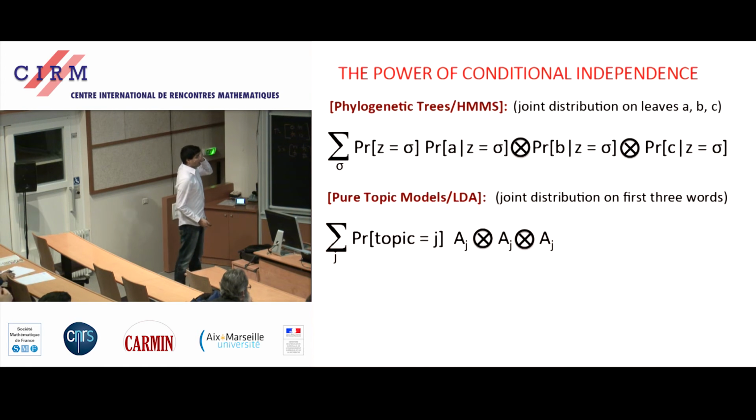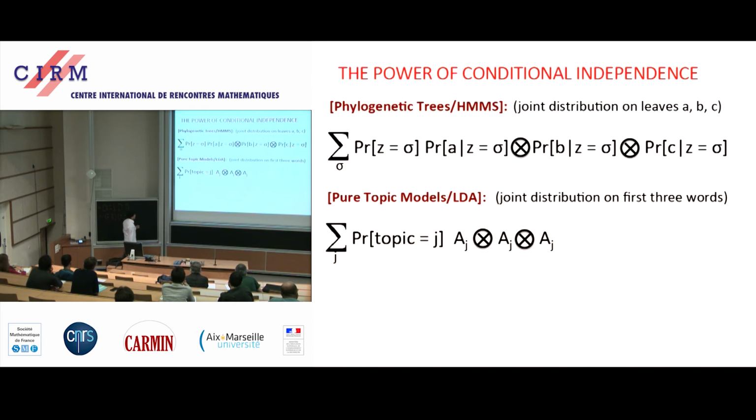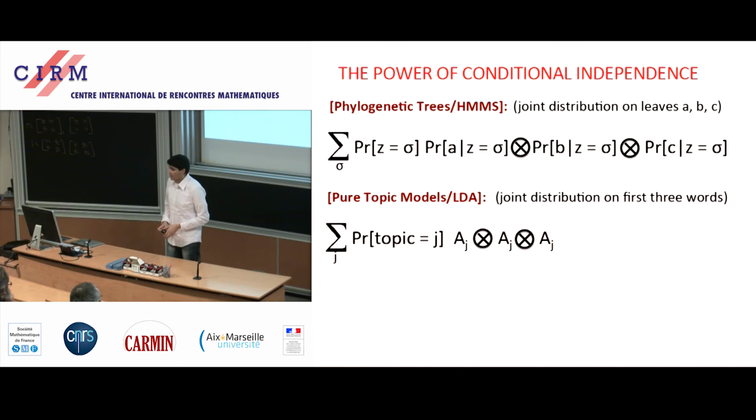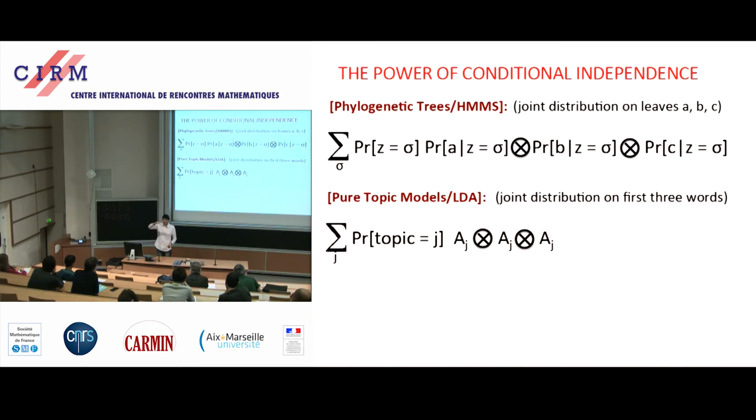So that's literally how we can apply things to the pure document model: if we take a huge collection of documents and look at the resulting distribution over the triple of their first 3 words, then literally what it will be is the probability that the hidden topic that describes the document is topic J, times the outer product of A_J times A_J times A_J, which are just the conditionally independent draws from the topic matrix. So this is again a low-rank tensor to which you can just apply Jennrich's algorithm.